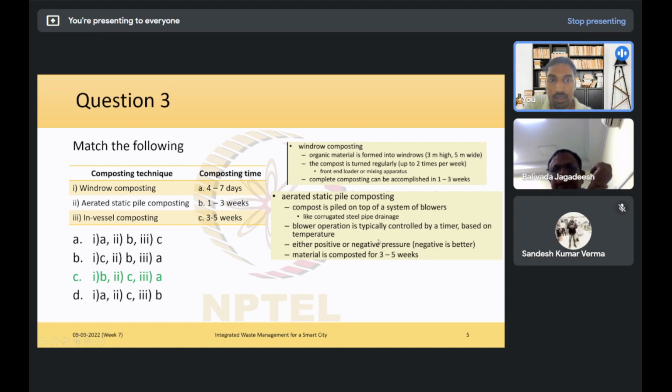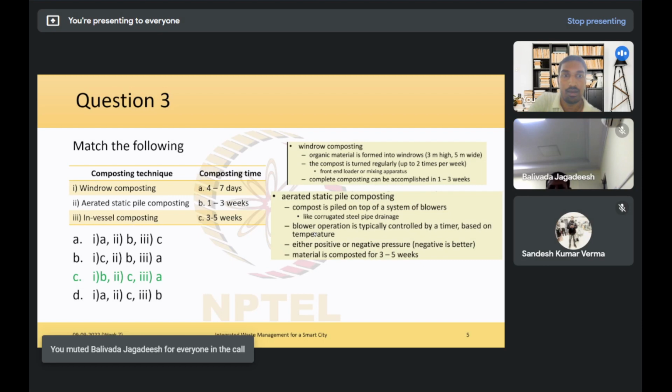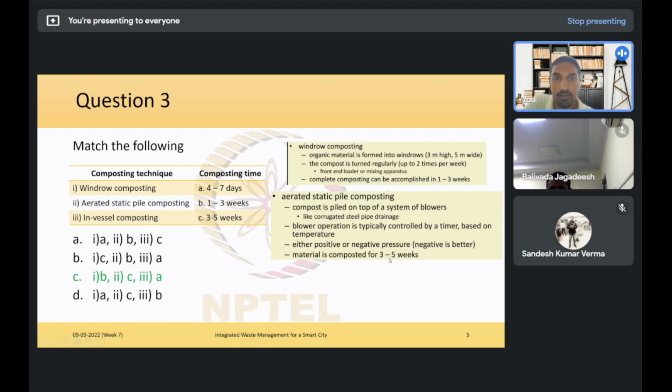So either we blow into the compost, or we create a negative pressure vacuum so that air is sucked into it. This process is comparatively slower, and therefore it takes about 3 to 5 weeks to complete.